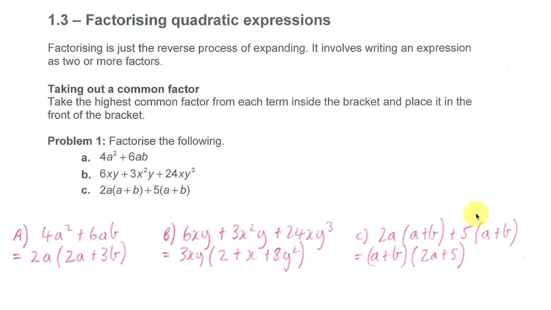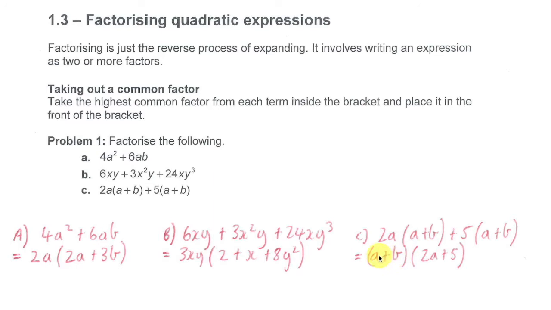For C, it's a little bit different. All right, so it's the same approach, taking out a common factor. We've got 2a being multiplied by the bracket a plus b, and we've got 5 lots of the a plus b. So if I think of this as being the first term and this the second, what's common to both of those terms is the bracket a plus b.